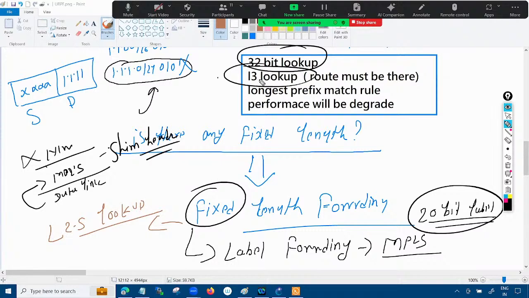And now in this case, what happened? The layer 3 lookup must be present in MPLS in some scenarios, for example, MPLS VPN. This is one of the applications of MPLS. We'll discuss it in the CCIE part. In that case, the router doesn't have the route, but it can still forward the packet.